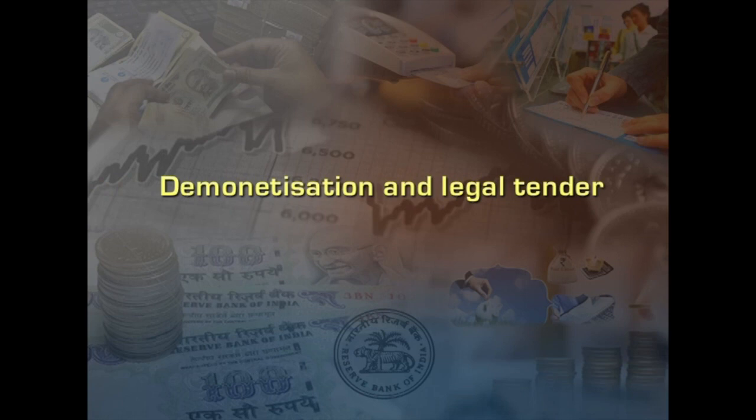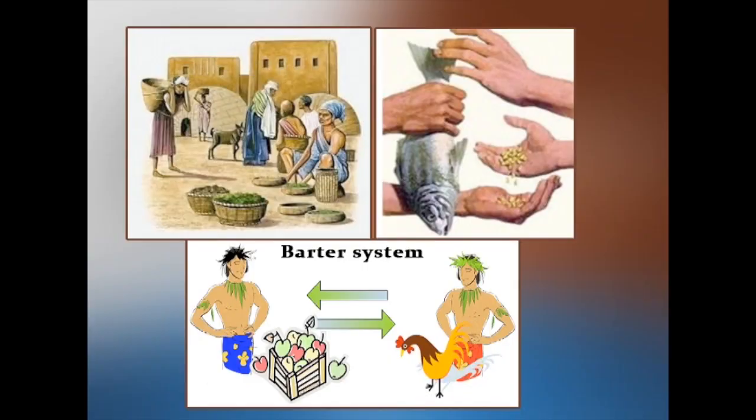Demonetization and legal tender. Demonetization is the act of taking away the legal tender character of any specific denomination or series of banknotes. It is necessary to understand the legal meaning of legal tender. As per history, commodities have been widely used as a medium of exchange, called the barter system.